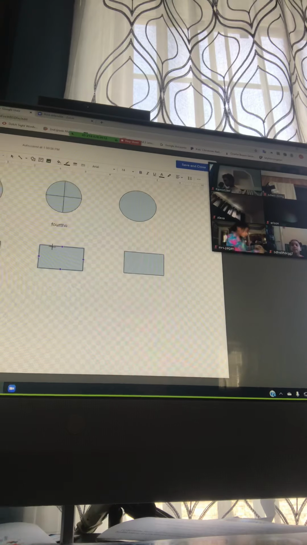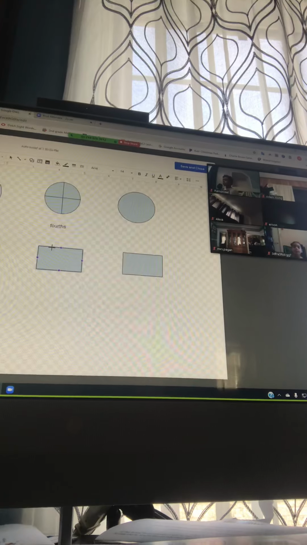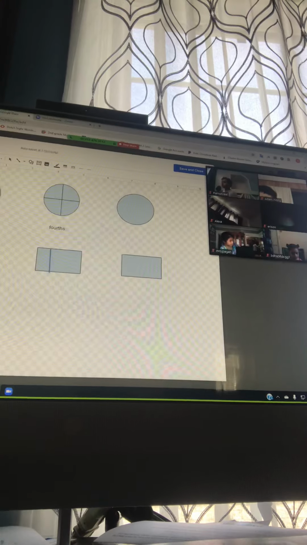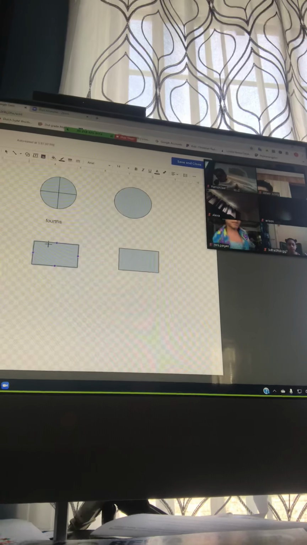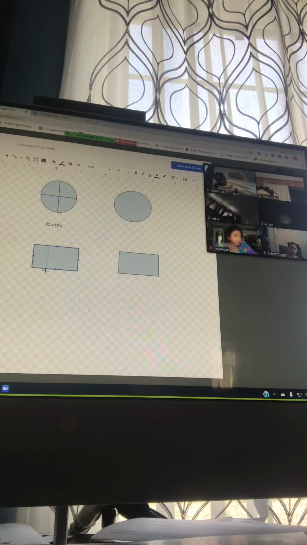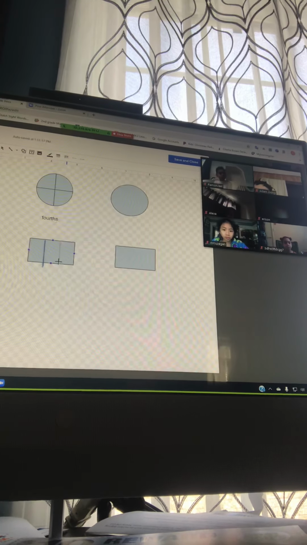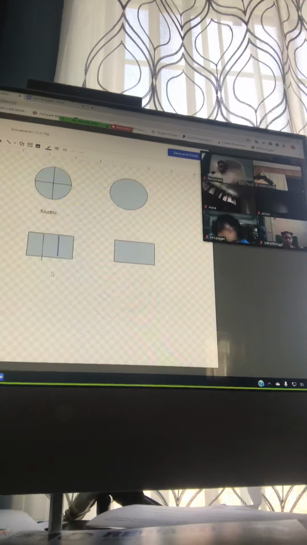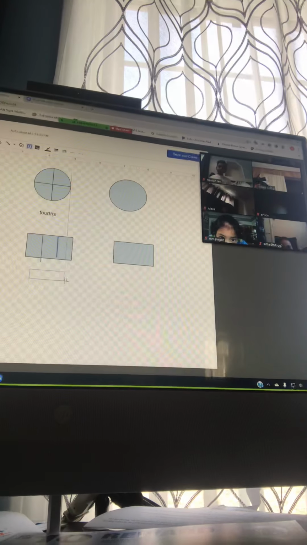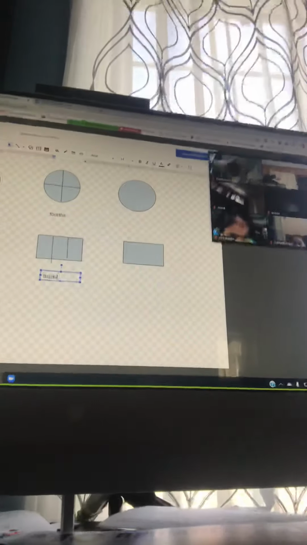Let me try and do it again. Nope, that's still not equal, because I want to end up with equal pieces. Would you think that's close enough? I'm going to say that this is thirds. I cut it into 3 equal pieces.